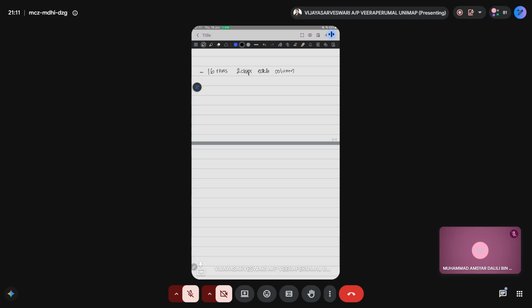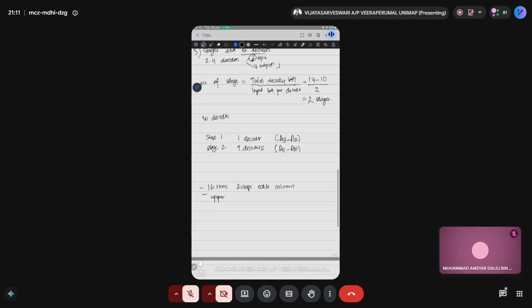The second thing is the upper bits. The upper bits are only 4 bits, which is A13 to A10. Then we have the lower bits, which are 10 bits, from A9 to A0.